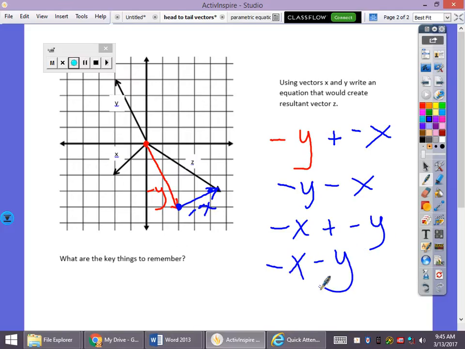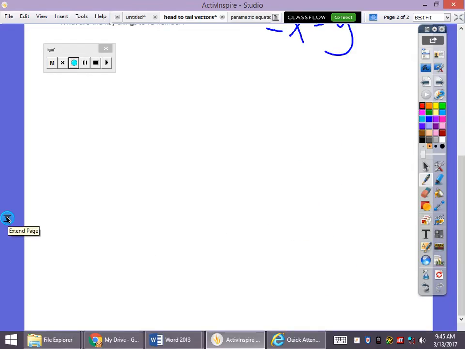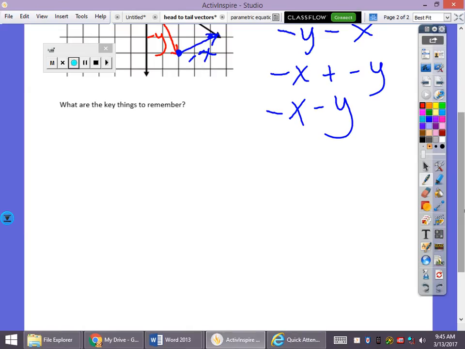All right, what are some key things to remember? Okay, what stays the same? Okay, the resultant stays put, but what are 2 things that I have to keep? What's the technical name for length? What's the term we've been using for length?